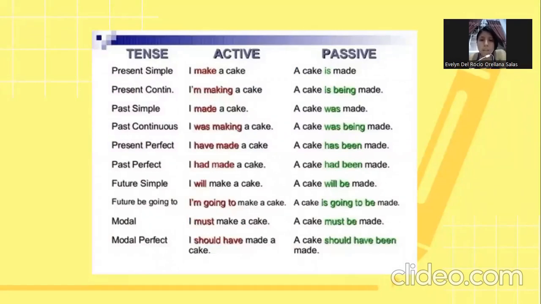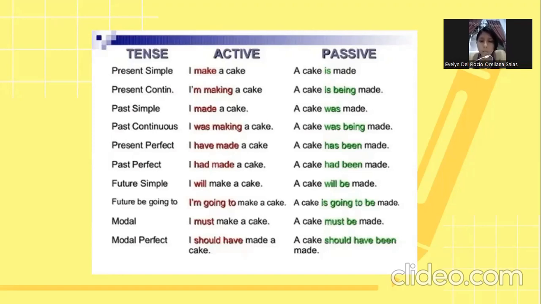Examples. Present simple. Active: I make a cake. Passive: a cake is made. Present continuous. Active: I'm making a cake. Passive: a cake is being made. Past simple. Active: I made a cake. Passive: a cake was made.